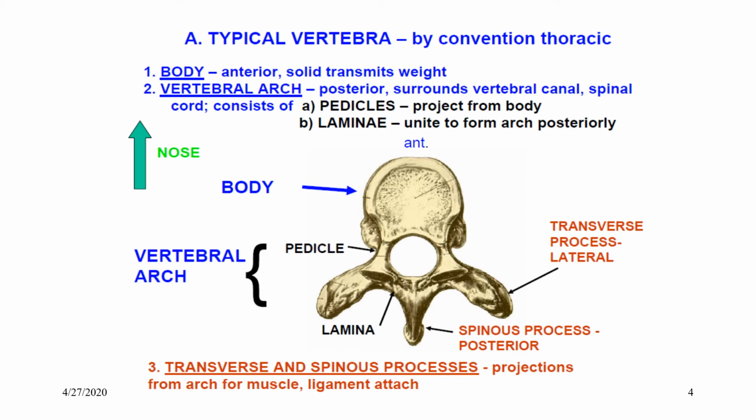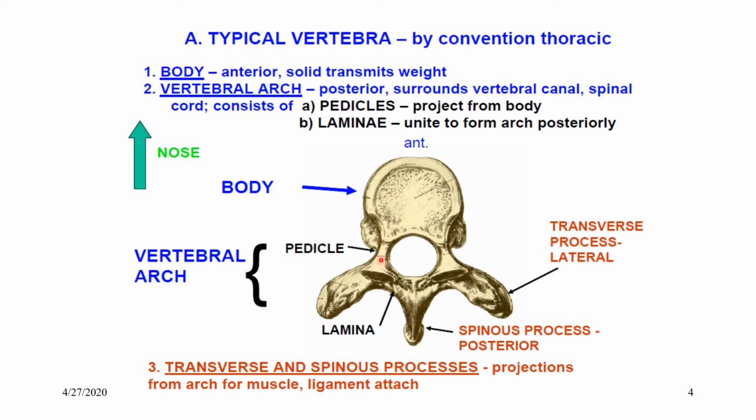Now let us see the features of a typical vertebra, which is the thoracic vertebra. It consists of a body, the vertebral arch and the processes which you are seeing here. The body is the anterior solid part and it transmits the body weight.